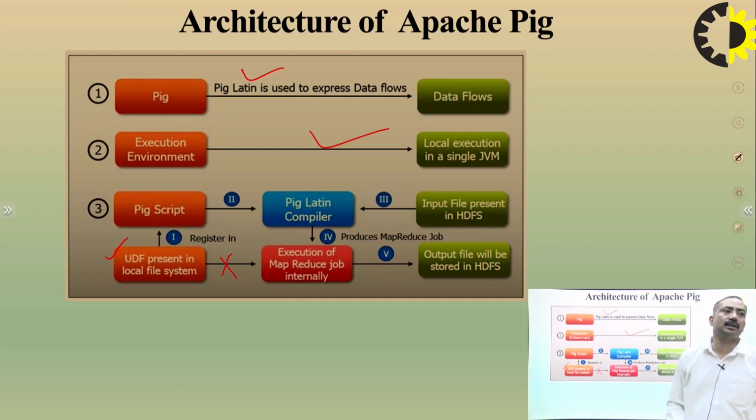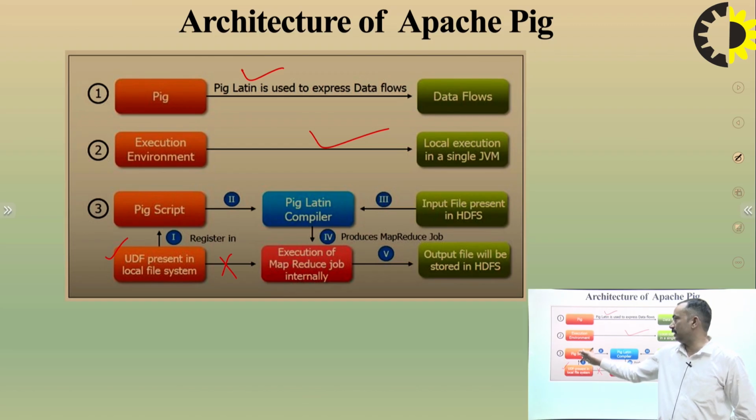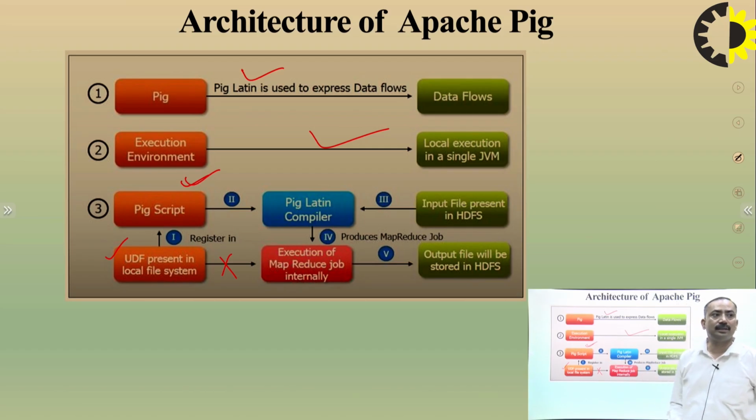We need help from Pig Latin, so the user defined functions are converted into a Pig script. The Pig script goes to the Pig compiler. So what does the Pig compiler basically do? It compiles the script and takes as input a file present in HDFS.